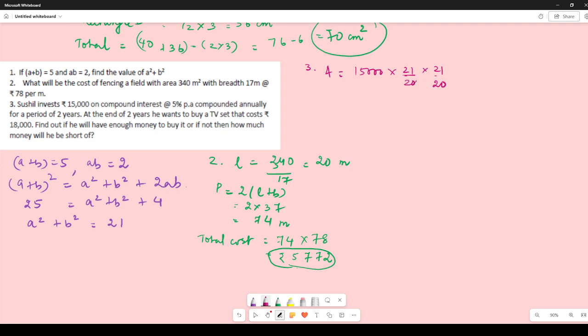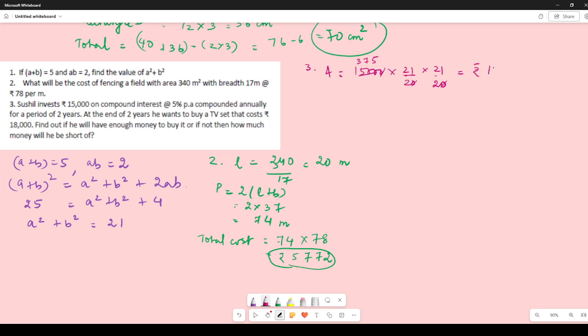Then you divide it by 4. So you get 4 3s 12, 30, 4 7s 28 and 5. And you get 375 into 21 into 21, and you will get the money as rupees.